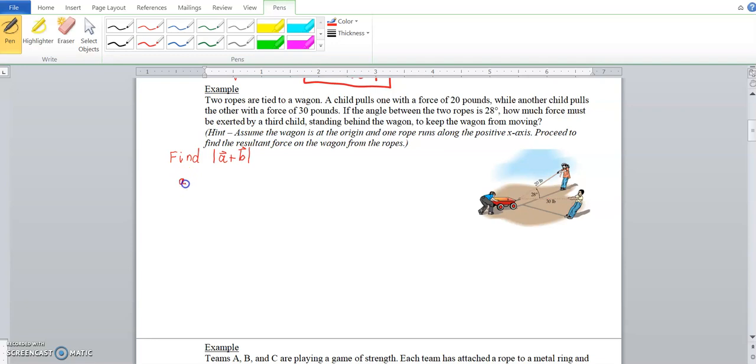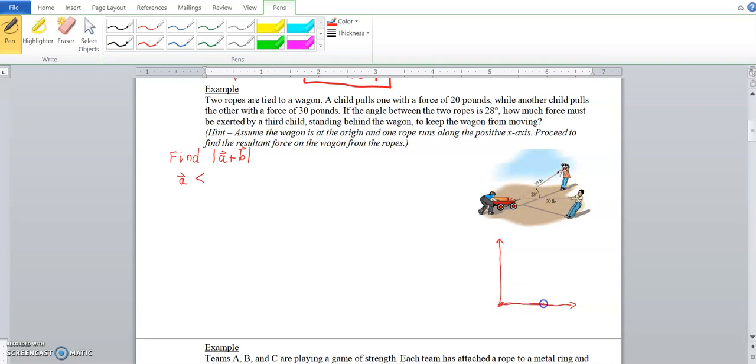I'm going to draw the diagram here. There is a hint in the problem: it says assume the wagon is at the origin, so the wagon starts here, and one rope runs along the positive x. If you look at the diagram, they're doing exactly that.